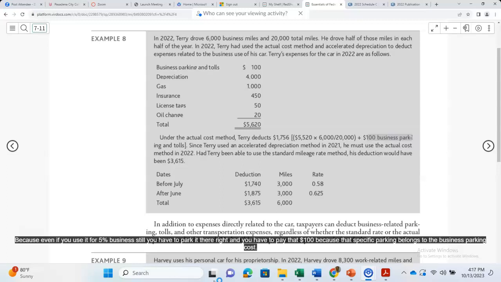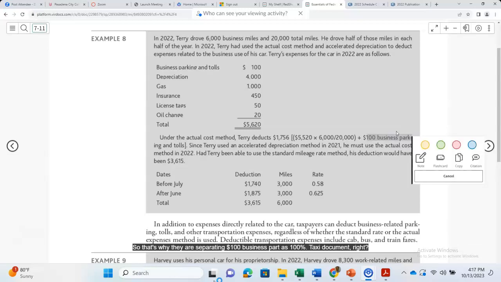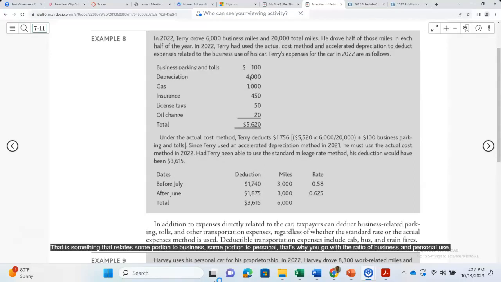So that's why they separate the $100 business parking as 100% tax deductible. But the remaining $5,520, which is depreciation, gas, everything like that, relates partly to business and partly to personal. That's why you go with the ratio of business and personal use. Got it? That was a good tricky part, so be careful on that.